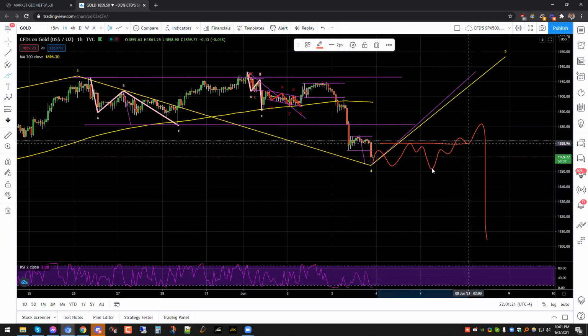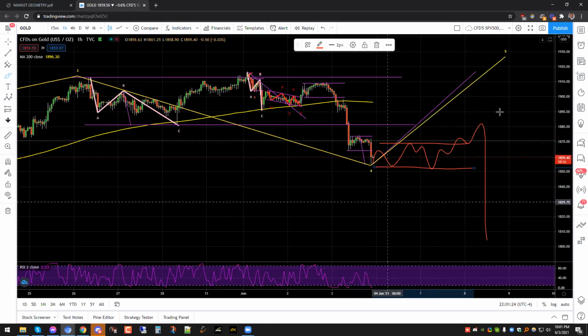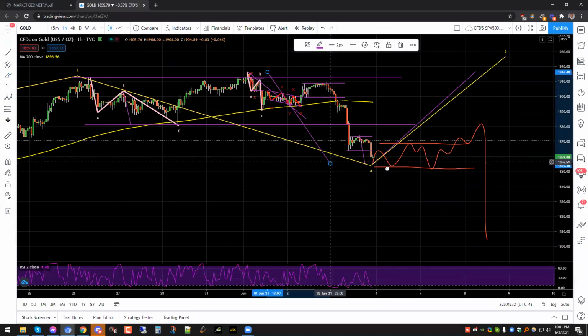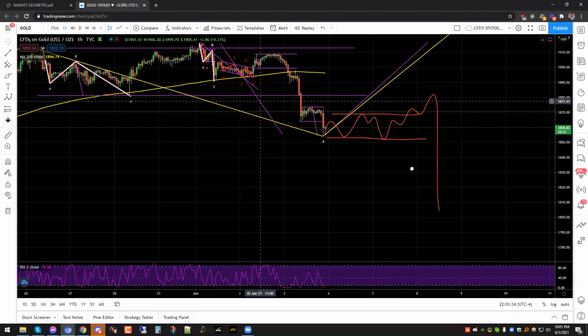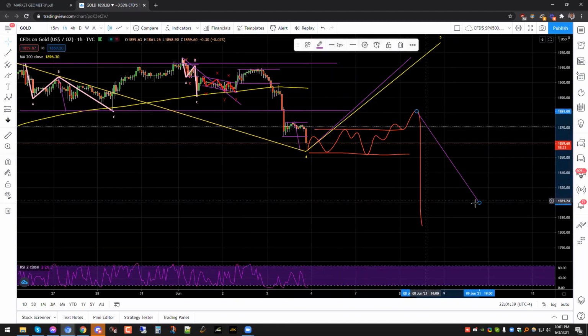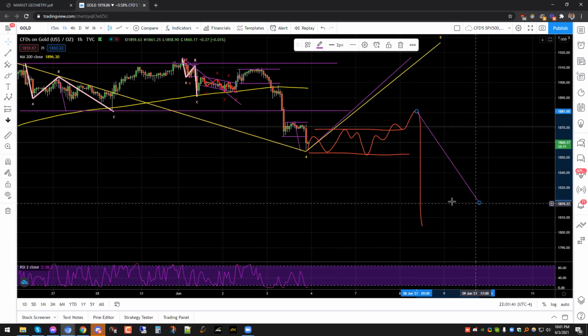So some sort of flat type corrective formation, and we make another move down, which will be this measured move. We'd measure the entire wave and project the entire thing at the end of the correction like that. And this would be our profit target down here. Okay, but I'm not favoring that right now.